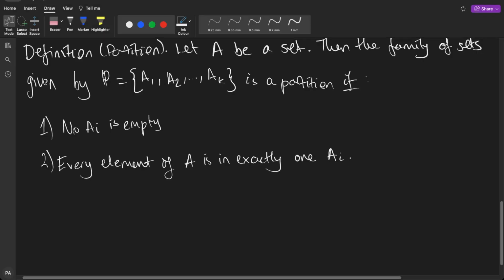And finally, though this follows from the second point, the union of these sets, so I equals 1 to k of A sub i, is equal to our original set.